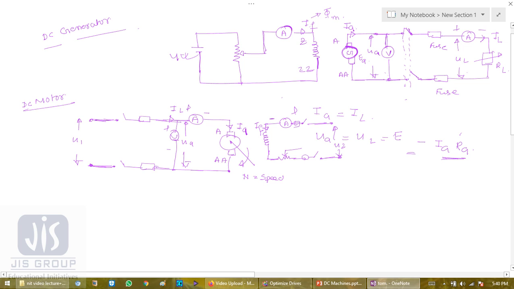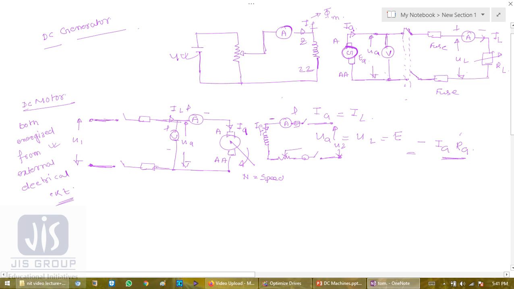Now when a DC machine works as a motor, both the armature circuit and the field circuit are energized from an external electrical source. Both circuits are energized from an external electrical power source.